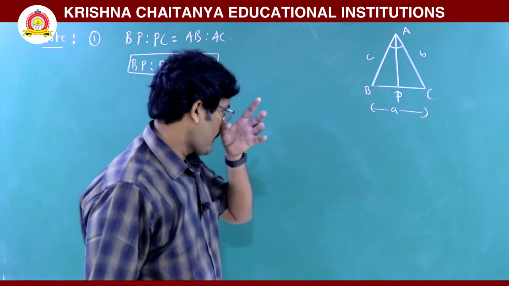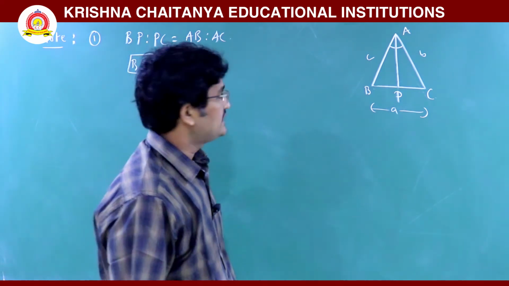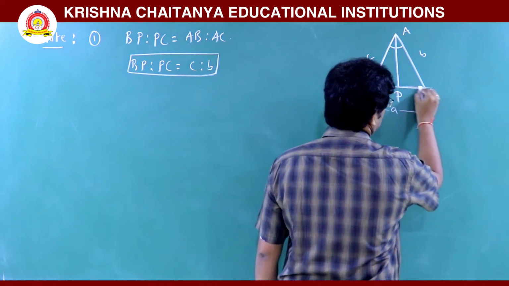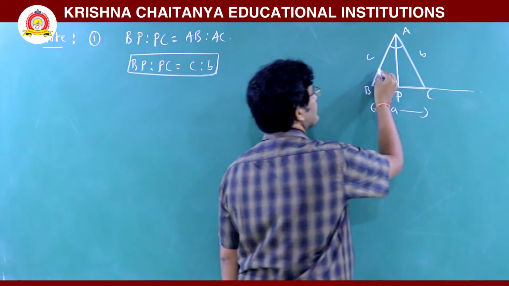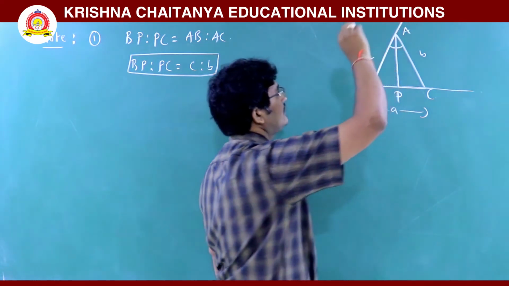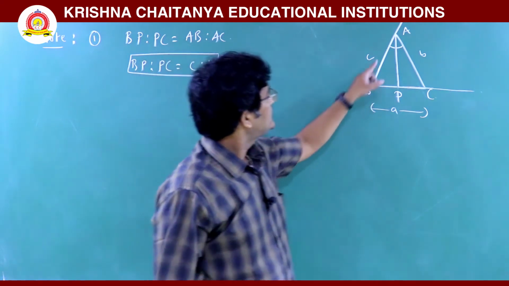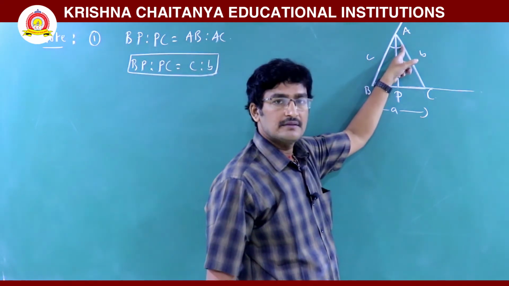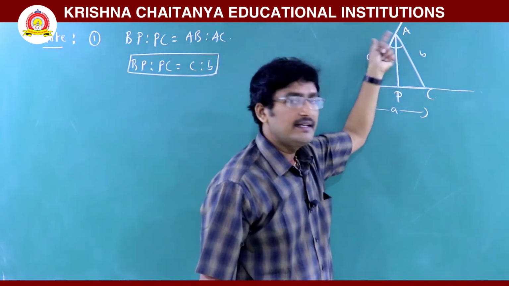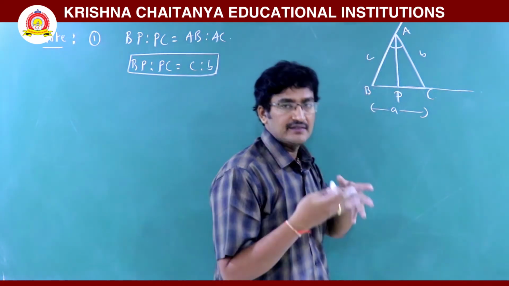Now, one more point you have to observe. See here. This is the side extension line. Extend this one also. This is internal angle A. This line bisects internal angle A, and that one is located inside the triangle.